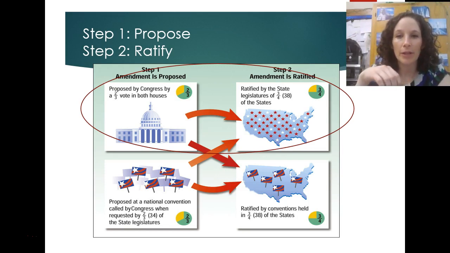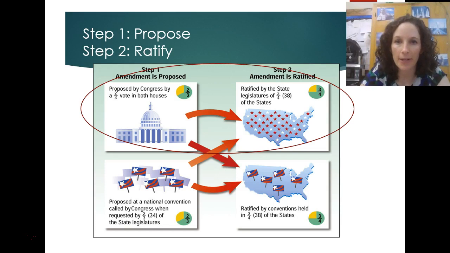So today that'd be 38 states. So supermajorities at both levels. Congress has to pass it in both chambers with a 2/3 vote, and then the states are sent the proposal, and if 38 of them vote yes, the amendment is added to the Constitution.